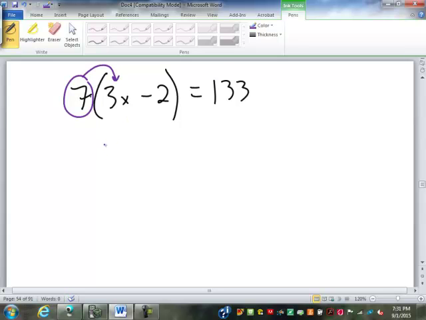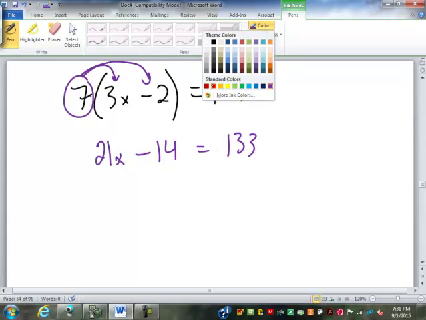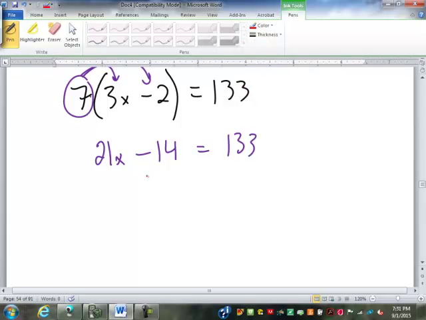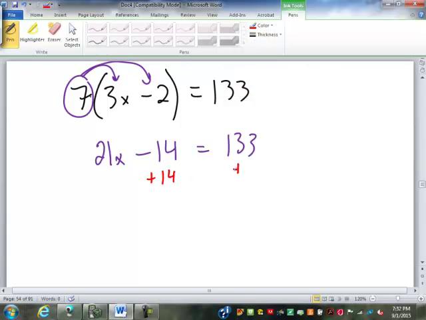7 times 3x is 21x. And then 7 times negative 2 is a negative 14. Still equals 133. Then what? Add 14 to both sides, so it takes away the minus 14 here. 21x equals 147.